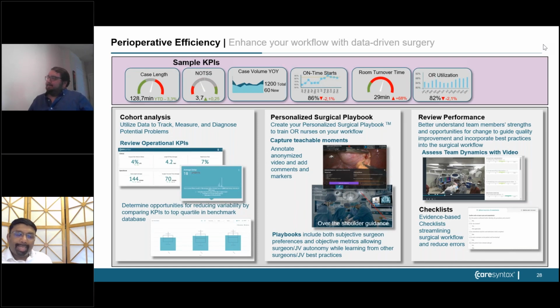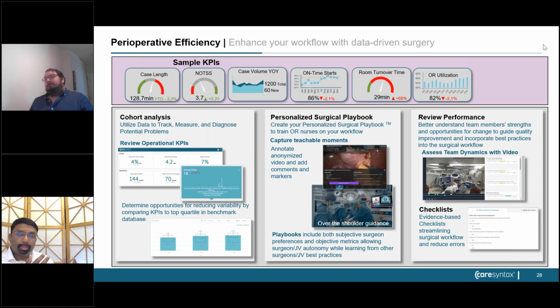So when you're talking about enhancing your workflow, some of the KPIs you're going to be looking at obviously are case length, right? So we talked about case length with Alex, but can you also start quantifying teamwork dynamics? That's where we have a new KPI called the NOTSS score, these are non-technical skills.